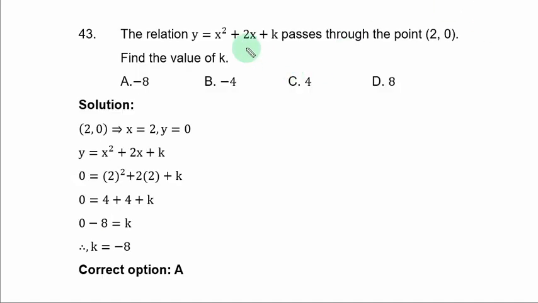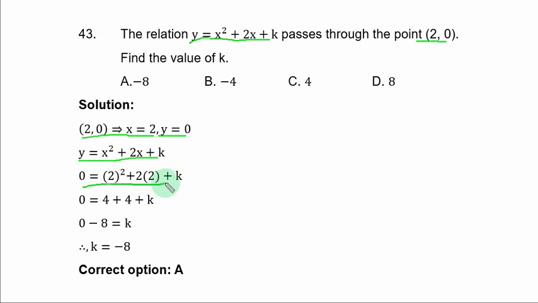Question 43. The relation y equals s squared plus 2s plus k passes through the point (2, 0). Find the value of k. The given point simply implies that s is equal to 2 and y is equal to 0. So you take the relation, replace s with 2 and y with 0.